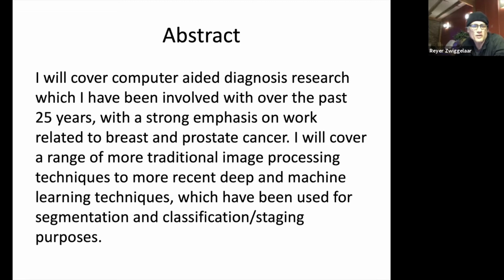Clearly, if I go back 25 years, there wasn't a lot of deep learning happening yet. And so there are some traditional image processing techniques discussed as well. And I'll cover some deep learning and machine learning techniques as well, which we've all used for segmentation and, more importantly recently, classification and staging purposes.